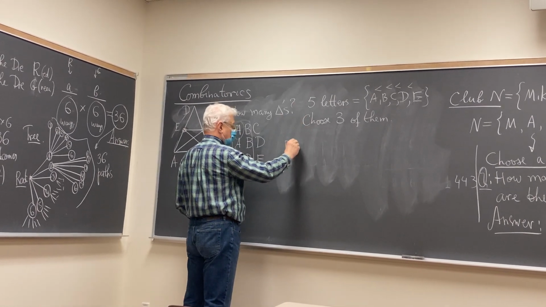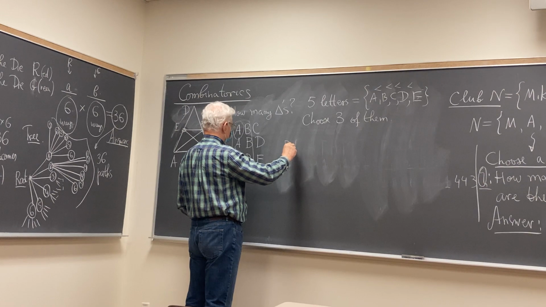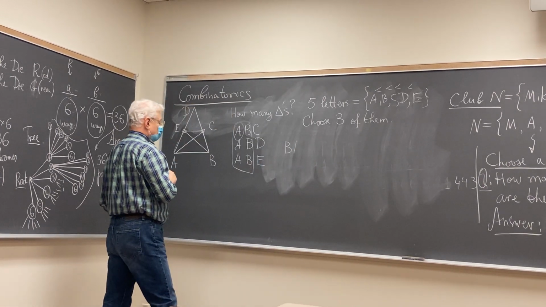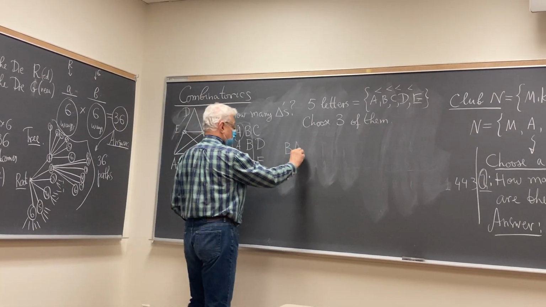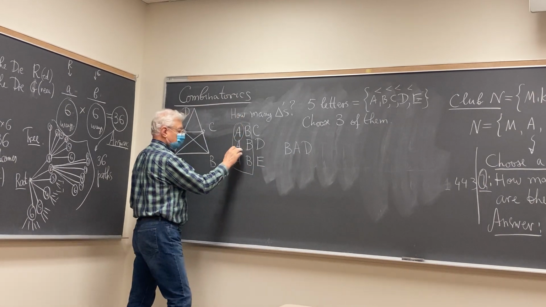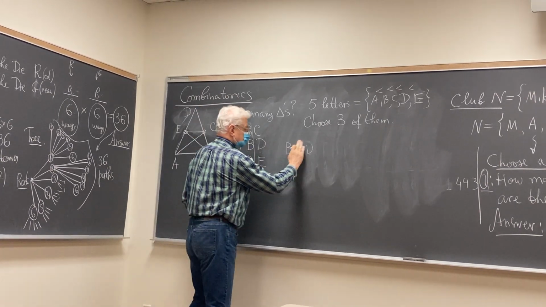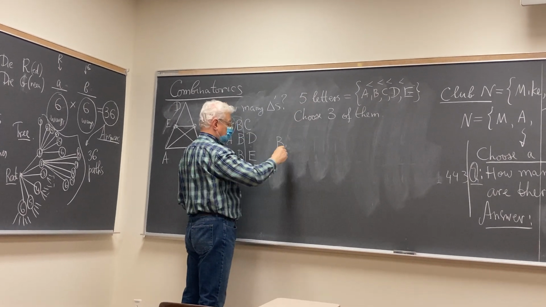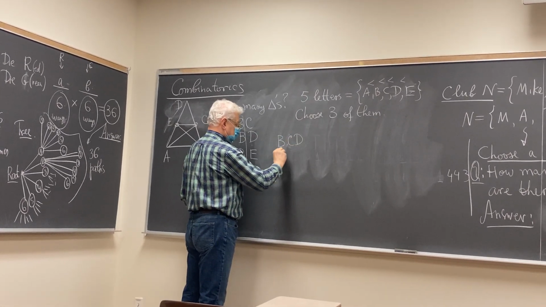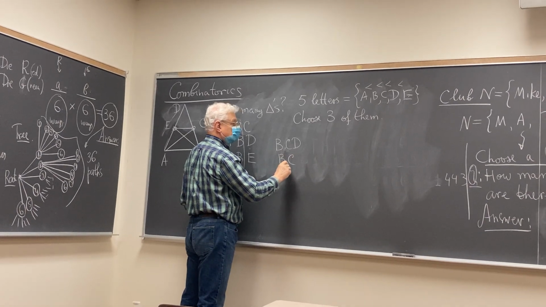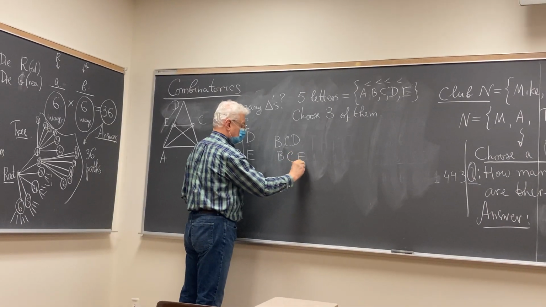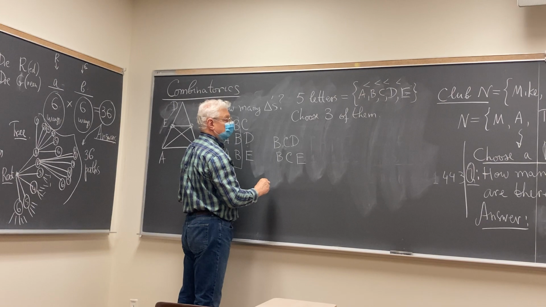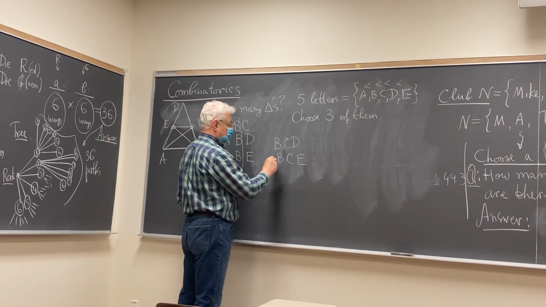So we can write BA. For example, if you write BAD, it's already here, ABD. As I told you, we have to write only the letters next after B. So we have BCD, BCE, so use BC.